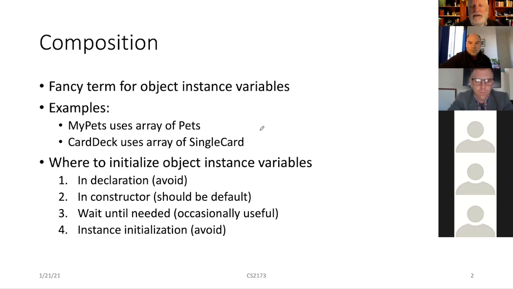Composition has the word uses. Does a dealer use a poker deck? And there you see how that makes sense. Does a card deck use a random thing to shuffle? And so it uses that. A card deck uses an array of single cards to figure out where the cards are.